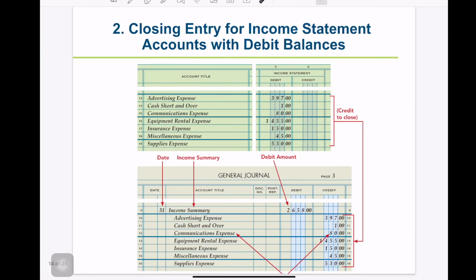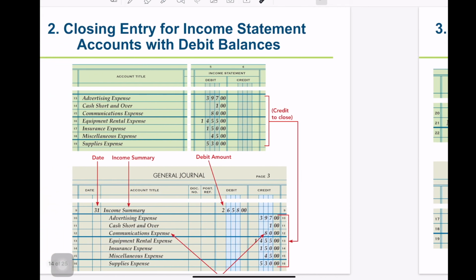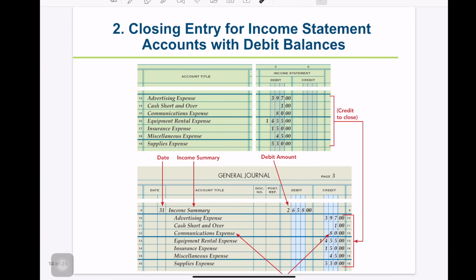The second one is a closing entry for income statement accounts with debit balances. So here are all your income statement debit balances. Okay, so in order to do that, all of these would have to create 0 balances here. We would have to credit them. Okay, so we would go down here.